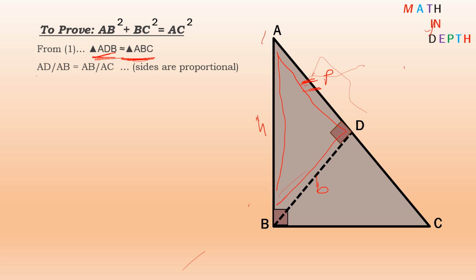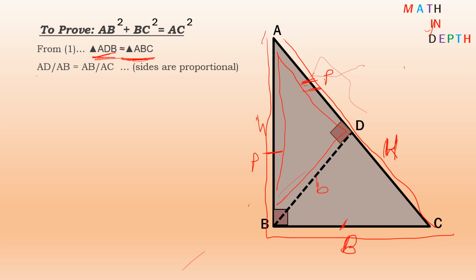And in the bigger triangle ABC, this is the baseline, this line is the perpendicular line, and this AC is the hypotenuse. This is the big size one.